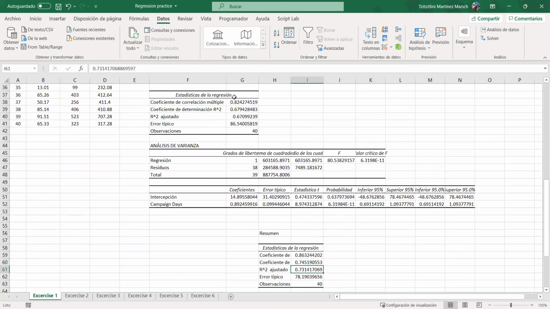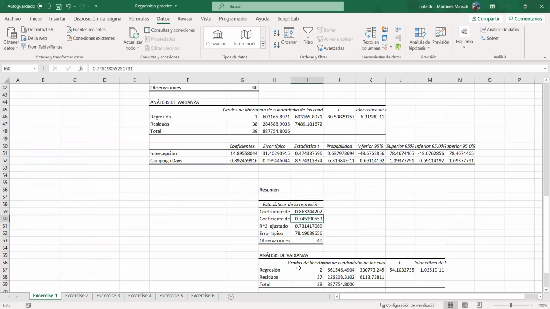So if you look at our errors, our R, which is going to be our direction, okay, how strong our variables are, this one, R square, compared to the first model, which was only using campaign days, is 0.68, and here it is 0.75. Okay, we have an error of 78, and our adjusted is 0.73.